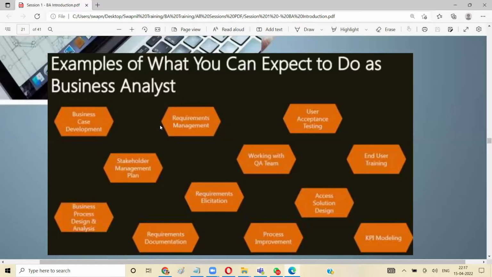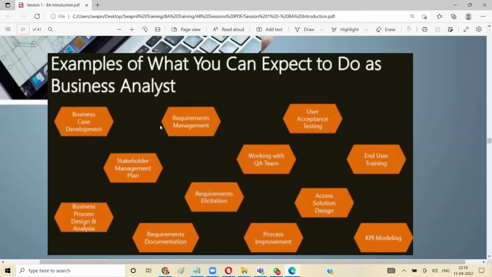So you are trying to create something which has not been done before, at least in that organization. But the chances of you working on such a project are probably 10%. 90% probability is that you will be working on process improvement.